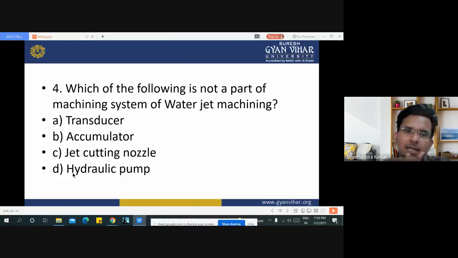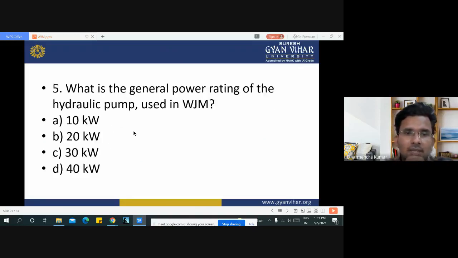We have seen that the accumulator, jet cutting nozzle, and hydraulic pump are used as components, but a transducer is not used in water jet machining. Then our answer would be A. Now, what is the general power rating of the hydraulic pump used in WJM? We have seen in the fourth or fifth slide that 30 kilowatt is the general power rating of the hydraulic pump.